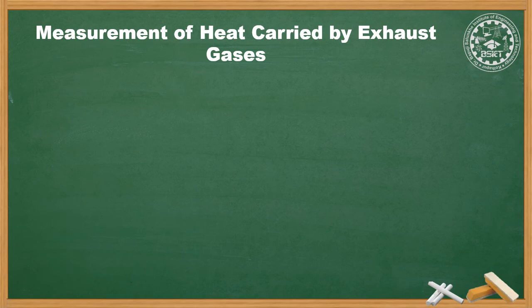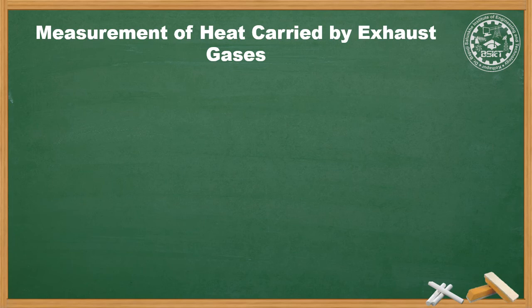Mass flow rate of the exhaust gas can be calculated from the mass of exhaust gases, which is nothing but the mass flow rate of air plus the mass flow rate of fuel, and if the mixture has an air fuel ratio, it is calculated by the formula.